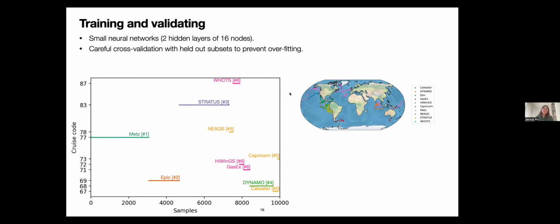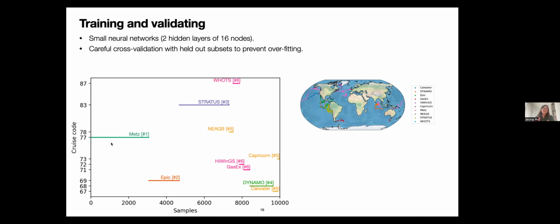The really difficult thing is that because we have a small data set with noisy measurements, we really want to prevent overfitting. This is done by using a technique called cross-validation.